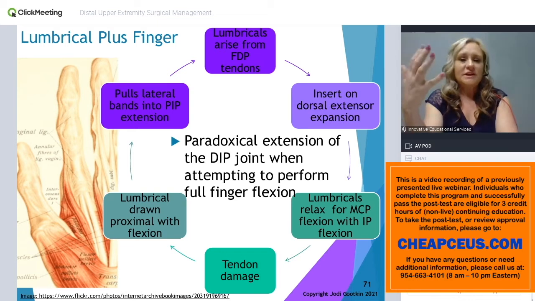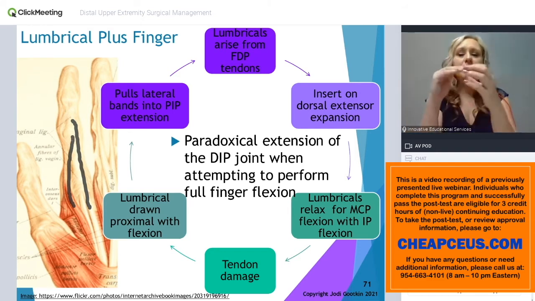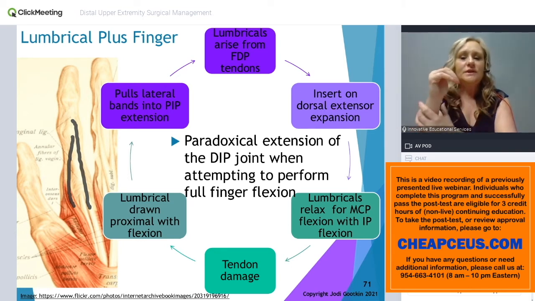And there's a relationship that happens because of the anatomy in the area, that the tendon of the flexor digitorum profundus and the tendon of our lumbricals coming up, they become intimate with each other.